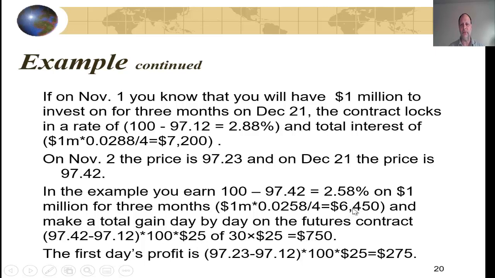And if you add the 6,450 to 750, you get the total locked-in interest rate of 7,200. You're just making it in the actual interest on the investment plus your profit on the futures contract.